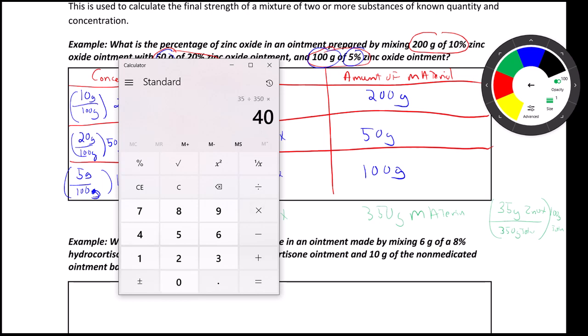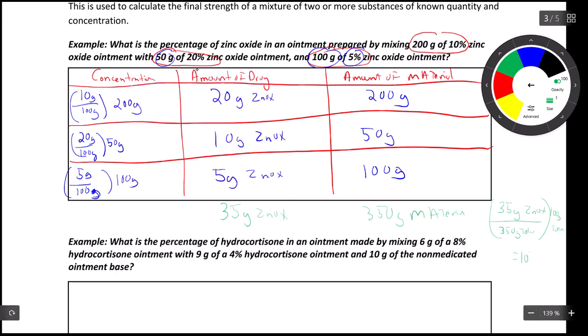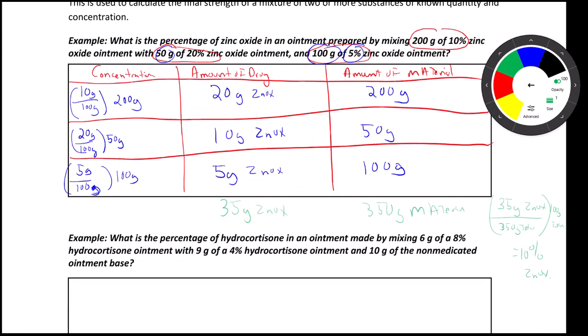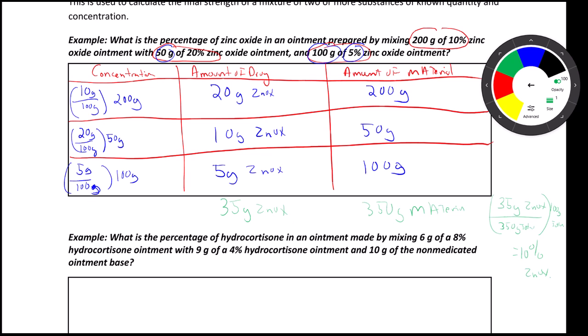We've got 35 grams of drug in 350 times the 100, and we've got a 10%. So this is a 10% zinc oxide, the final concentration if we mixed 200 grams of the 10%, 50 grams of the 20%, and 100 grams of the 5%. This is the alligation medial. Really what you're doing is adding up the amount of drug, then adding up the total material, and finding the new concentration.